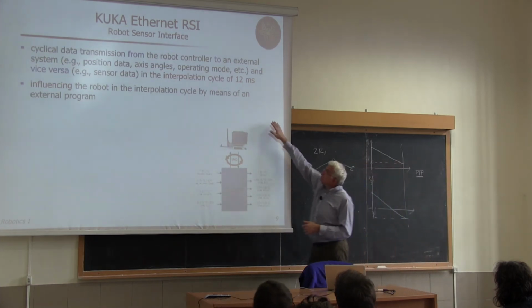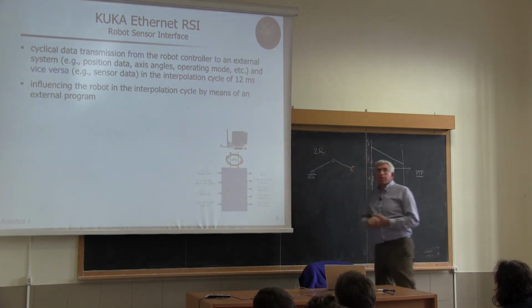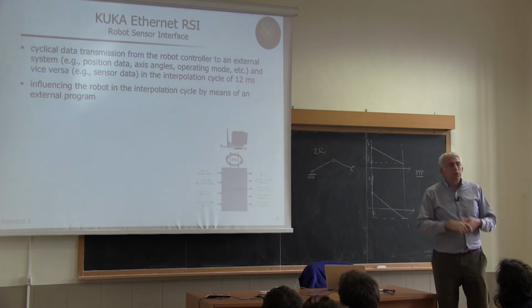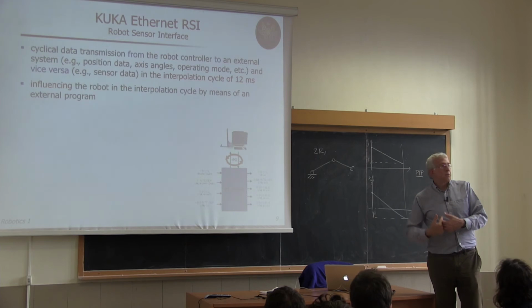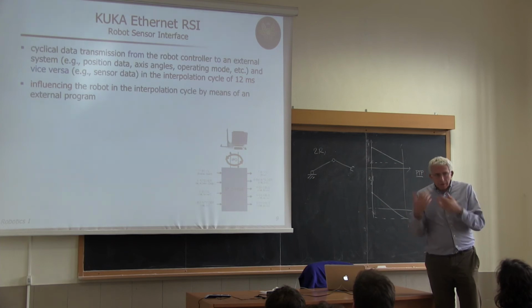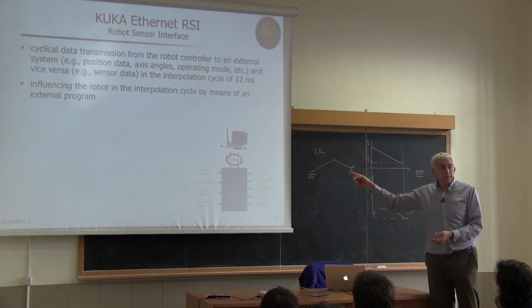So this second part, not just the interface to sensors, is very relevant for us. Why? Because we interface sensors to our own PC, do some elaboration, and then finally send commands of motion or reference position to the embedded robot controller.